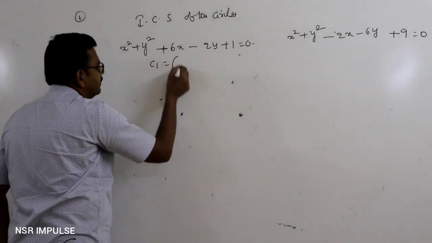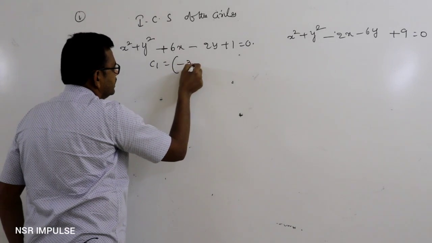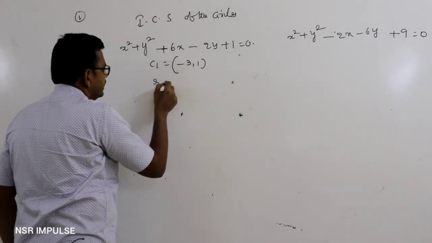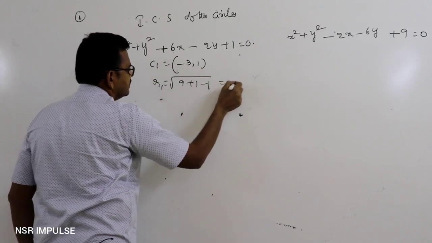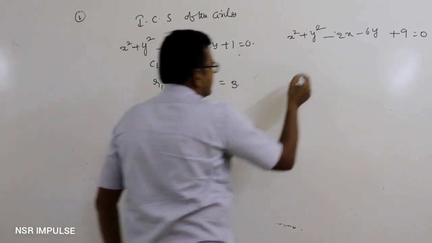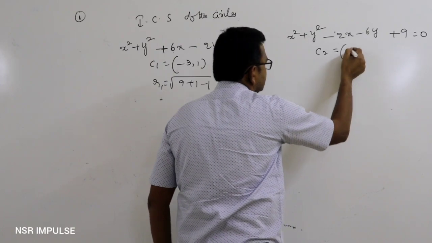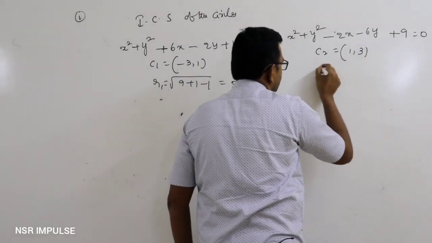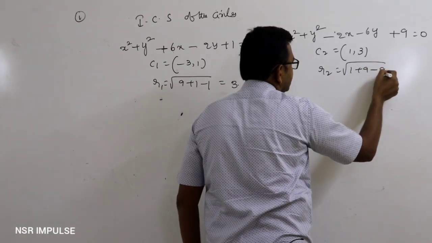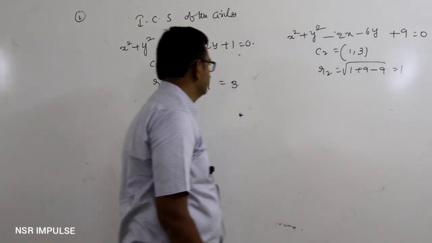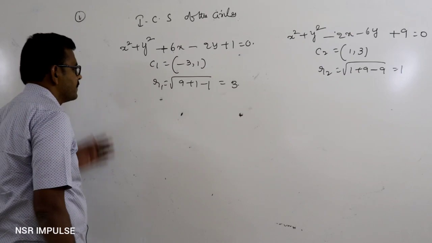Center of the first circle (minus g, minus f) is (minus 3, 1). Radius r1 is root of g square plus f square minus c, that is 3. Center of the second circle is (1, 3), radius root of g square plus f square minus c, that is 1.